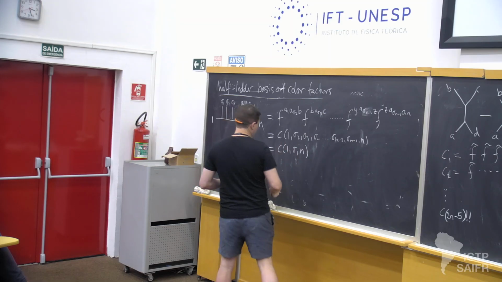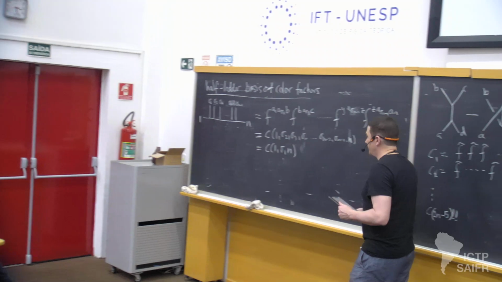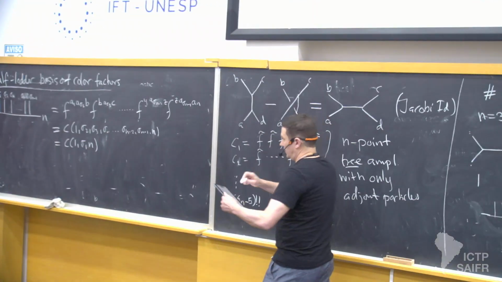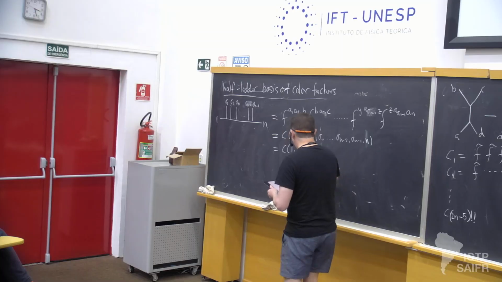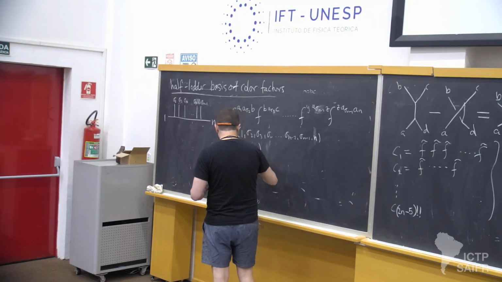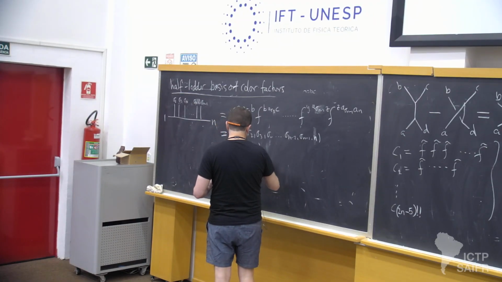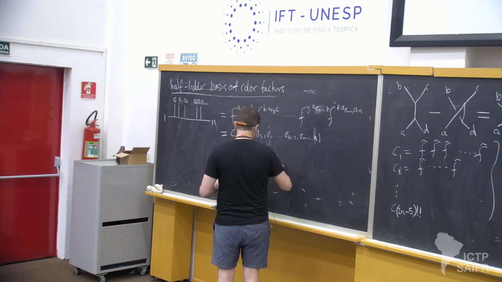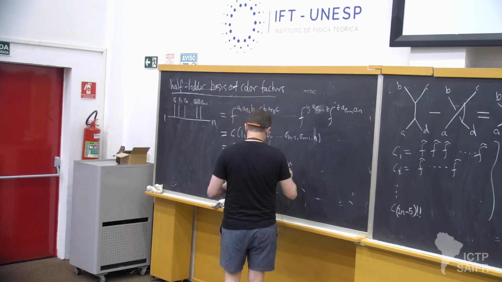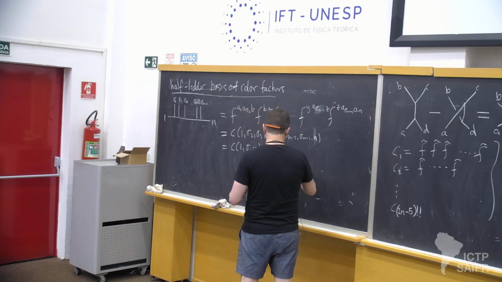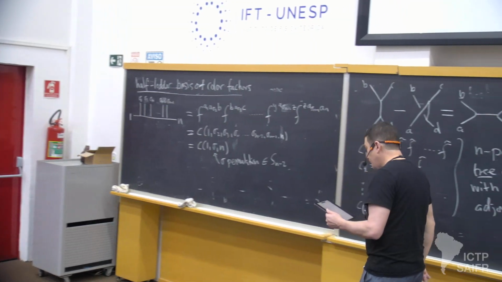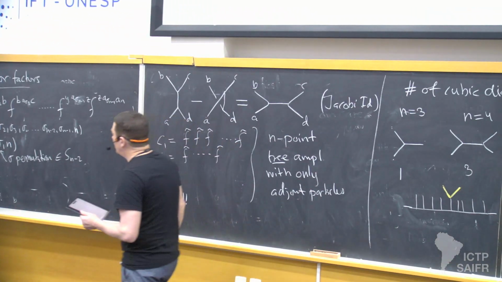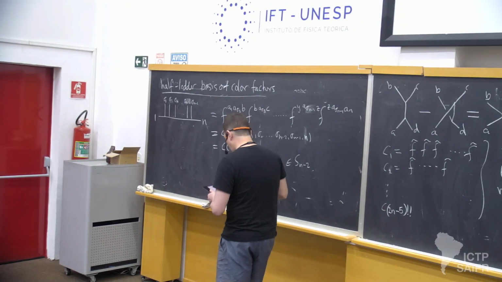So now the sigma is just a string of numbers, and sigma is a permutation of the group S n minus 2, the permutation group, basically.